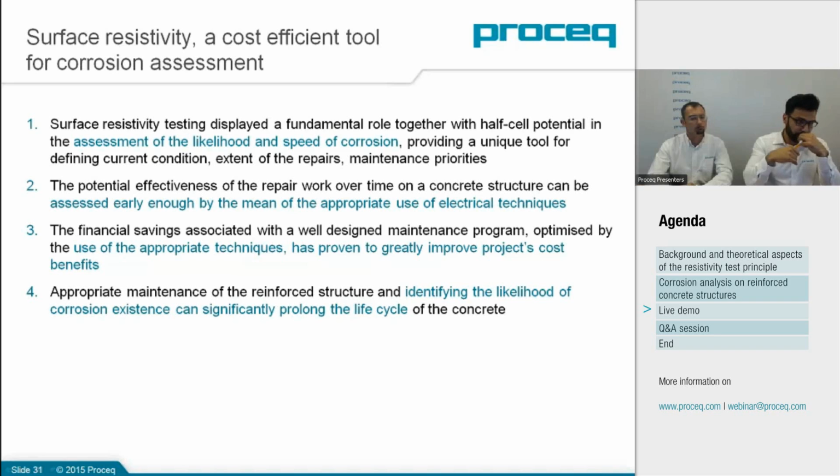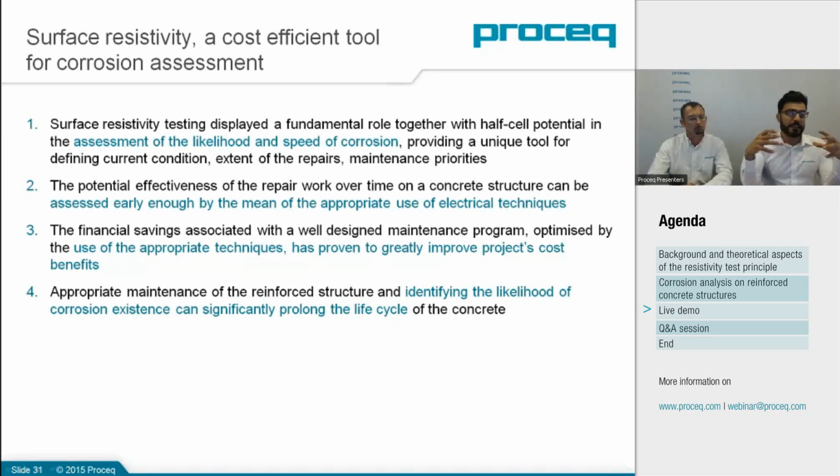And lastly, the maintenance work that has to be introduced for reinforced structures: we need to identify within that system that we defined the likelihood of corrosion existence, and by doing so, we can for sure prolong the life expectancy of a concrete structure.